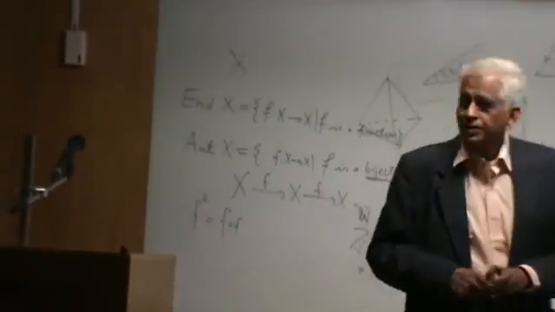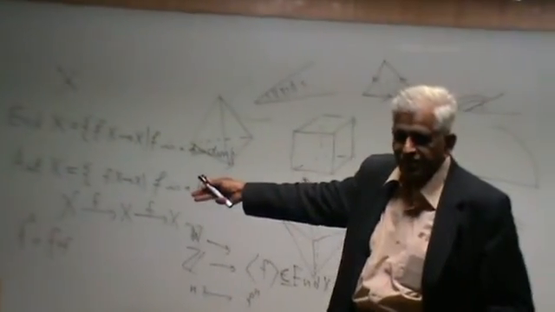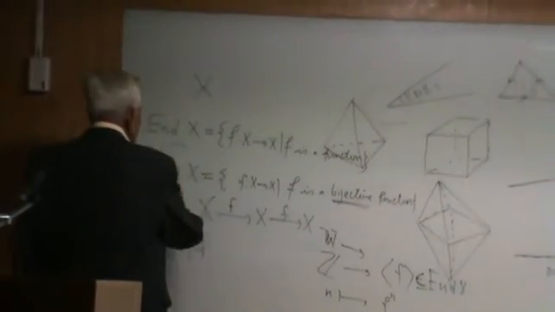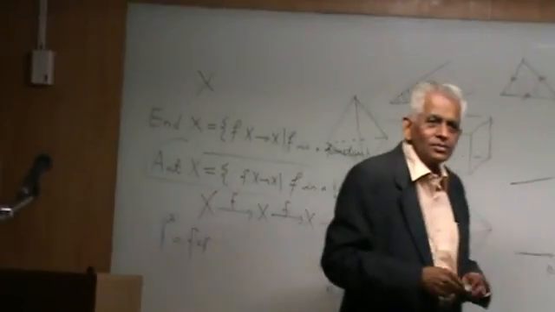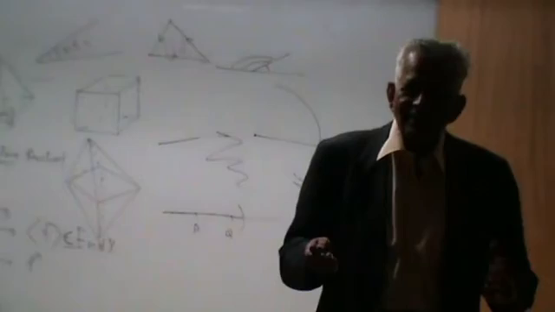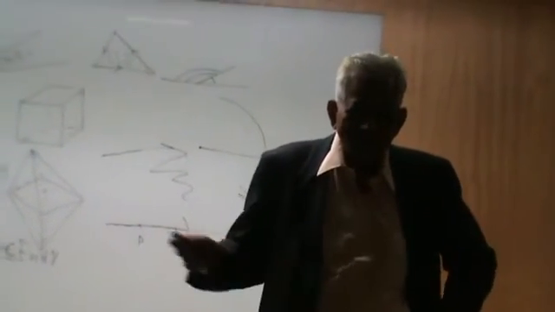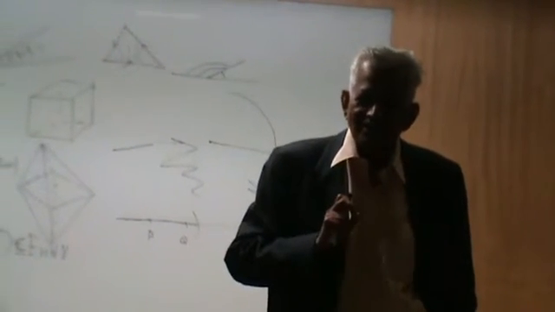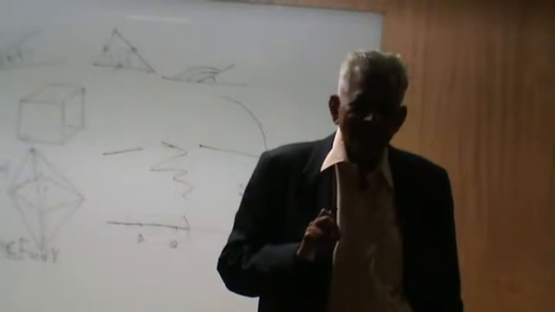So given a set X, we can define these two other sets, and this set is now a group, an example of a group. So given any set X, we come up with a group, the set of all automorphisms. Aut stands for automorphisms. Now suppose X is a finite set containing n elements.